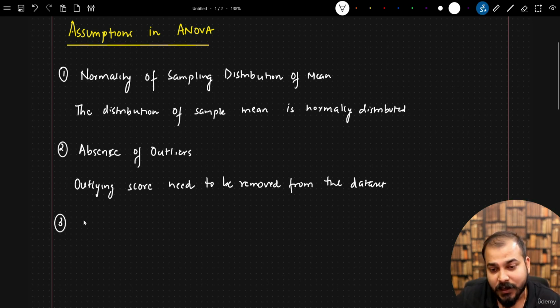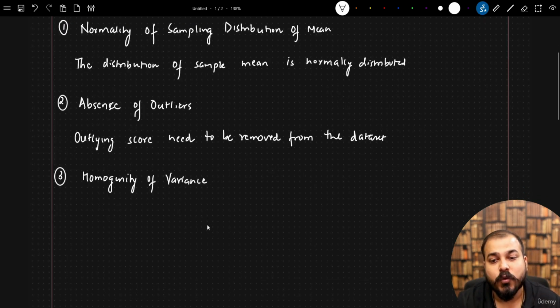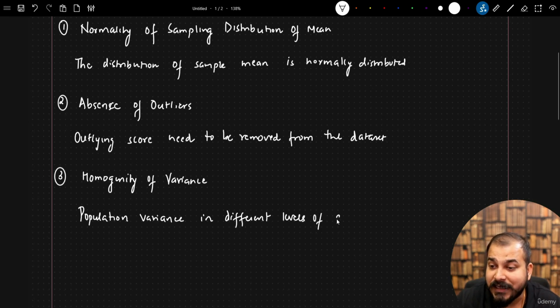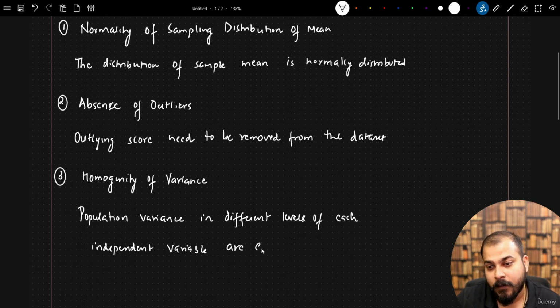The third important assumption is nothing but homogeneity of variance. Okay. Now, homogeneity basically means homogeneous, right? So whenever we talk about population variance in different levels of each independent variable or factor, it should be the same, right?